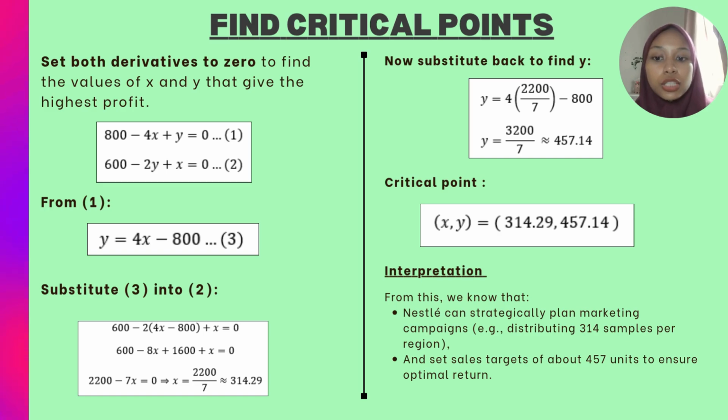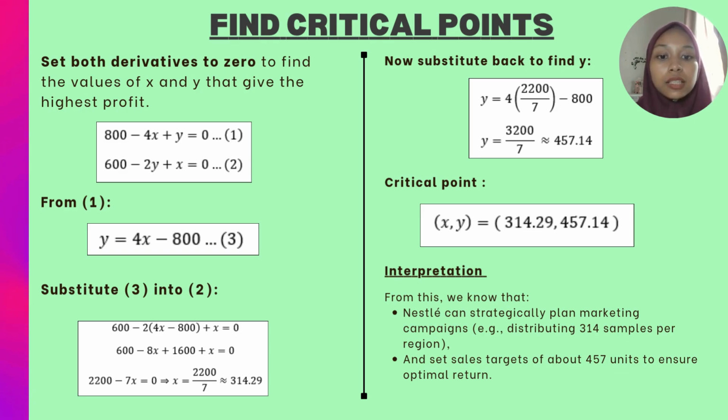From the first equation, we can get y equal to 4x minus 800. That is our third equation. So we substitute the third equation into the second equation to get x. The x is the number of free samples to distribute, and we get the answer x equal to 314.29. Now we substitute back to find y. We substitute the answer of x into the y equation, and then we get y, which is the number of products sold, which is 457.14.